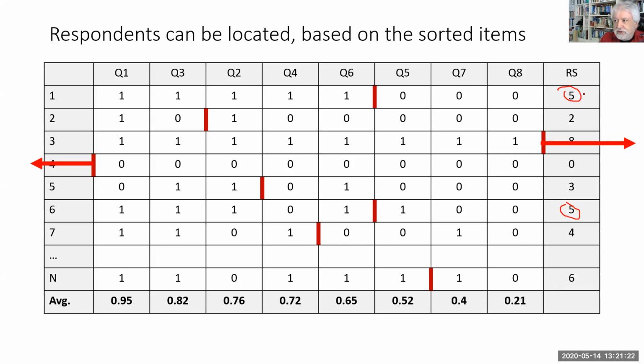So I don't need to know which question has been answered positively. I only need to know how many questions have been answered positively to estimate the respondent parameter.